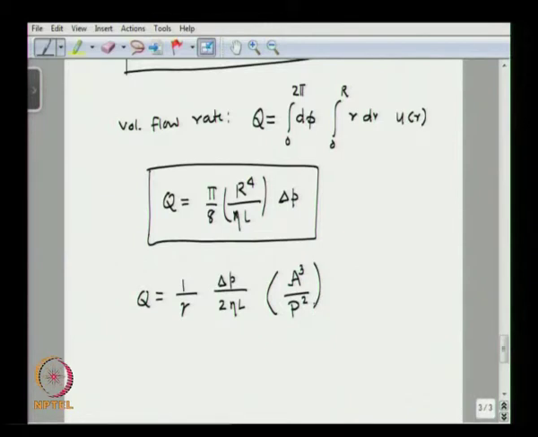So this is the general solution for Poiseuille flow for an arbitrary cross section.